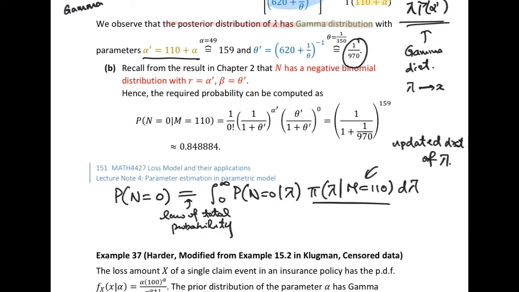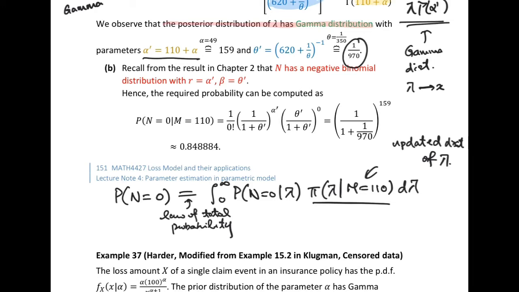This is the general format that we use to calculate this probability. Of course, this is the traditional way of doing that. As long as you know how to evaluate this integral, you can get the final answer. But instead of calculating this integral directly, I will try to take the shortcut.